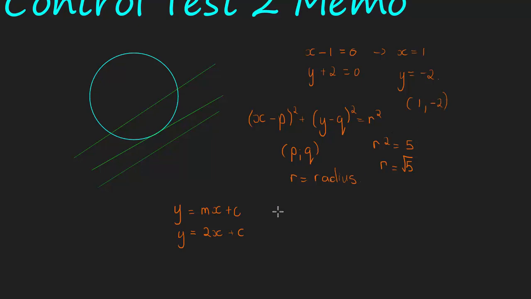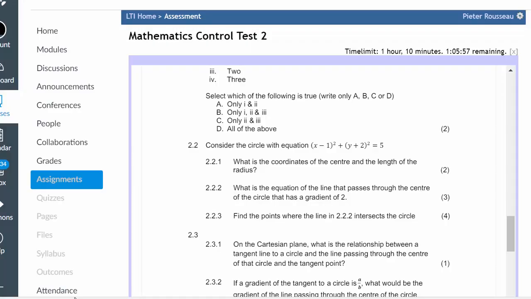So we substitute the -2 and the 1, plus c, and that gives us an answer: c is equal to -4. So our final answer is y is equal to 2x minus 4. That is the line that passes through the center of the circle.